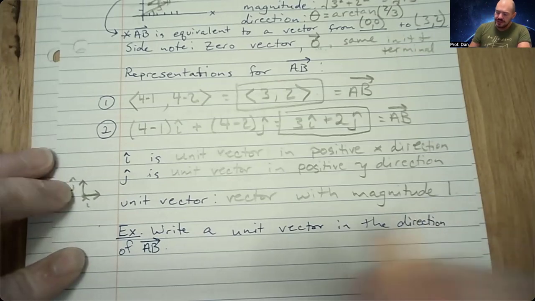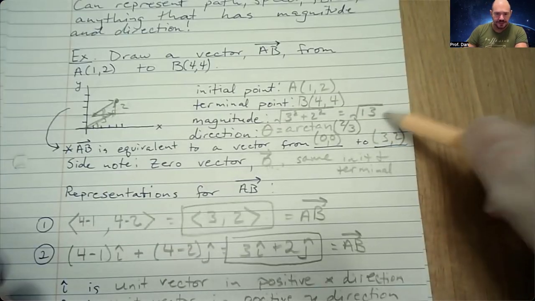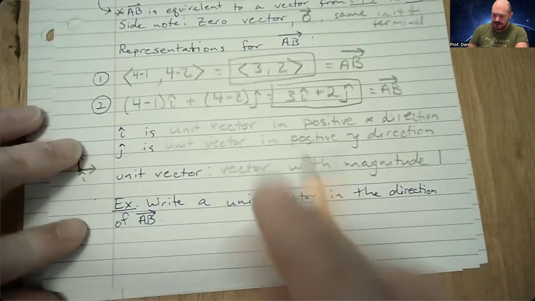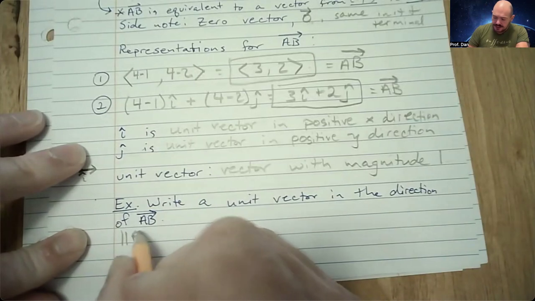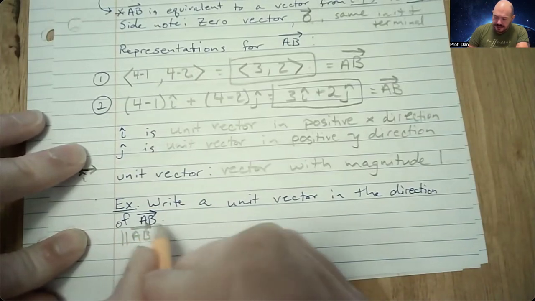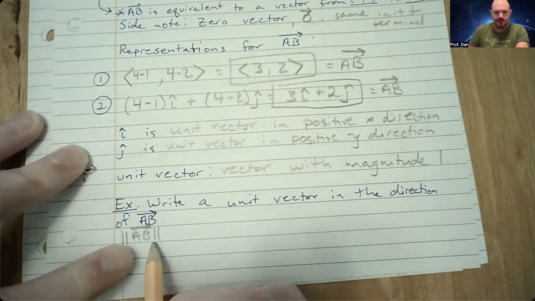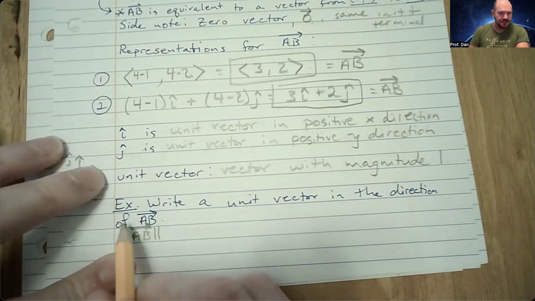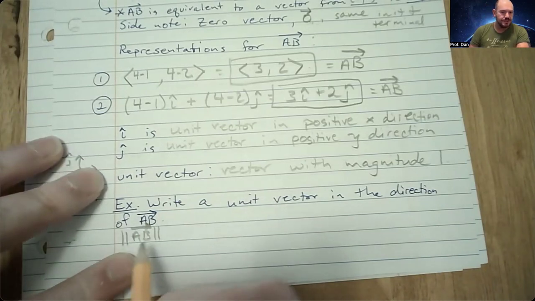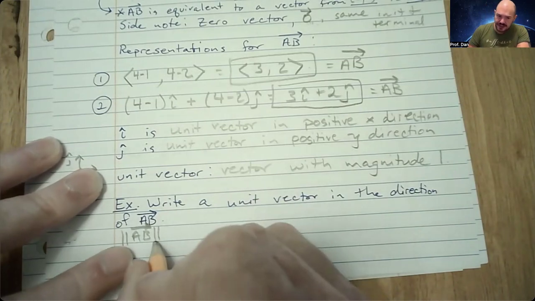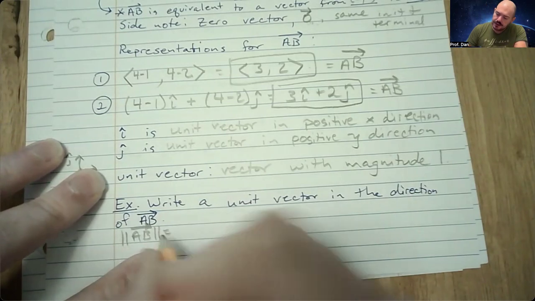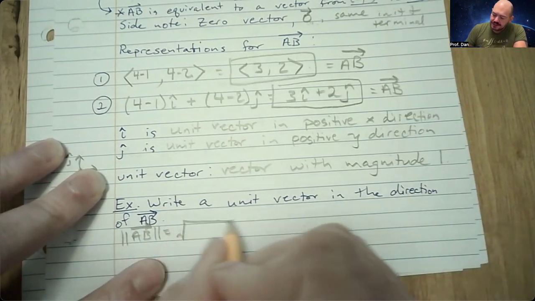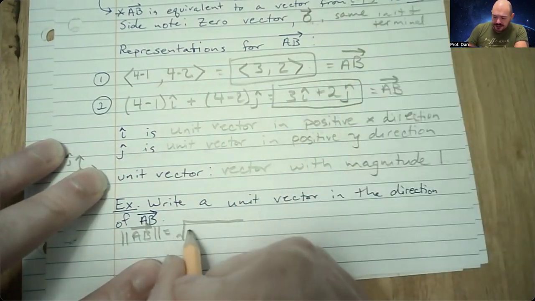So we know from back up here that the magnitude of the vector AB is square root of 13. We're going to write that fact here. Side note, whenever we write magnitude, we use these double bars. You might also see just regular absolute value signs used. But this notation means magnitude of the vector AB. So we got that, just to remind you, from our Pythagorean theorem.